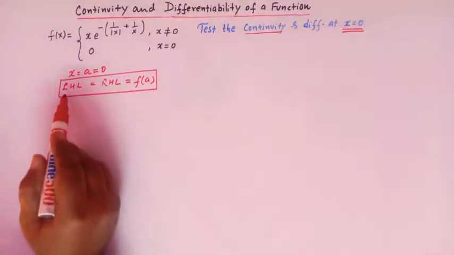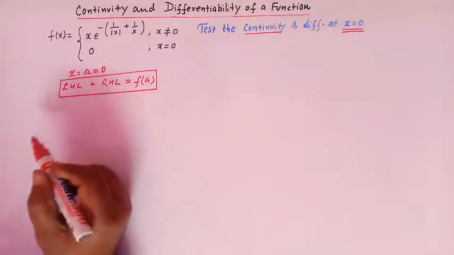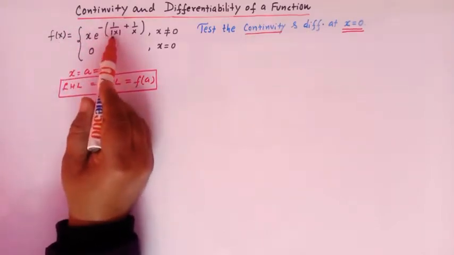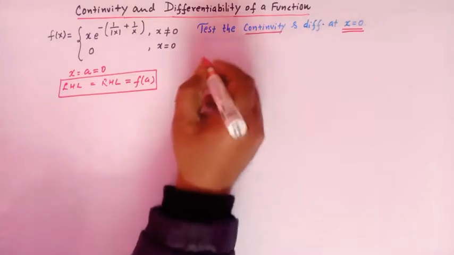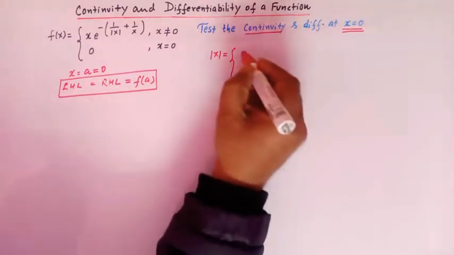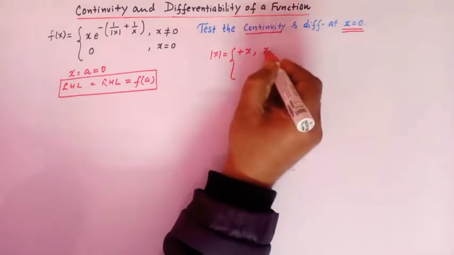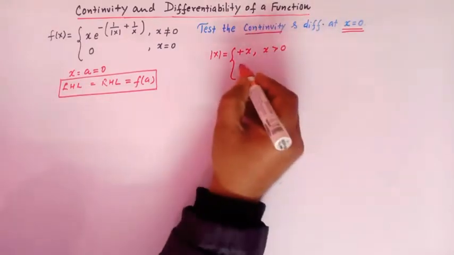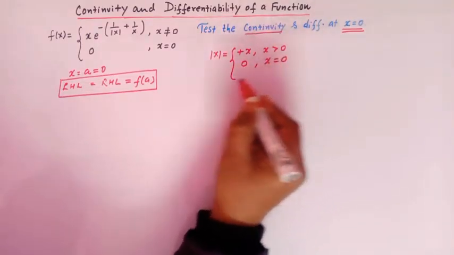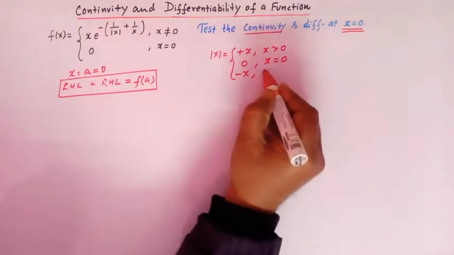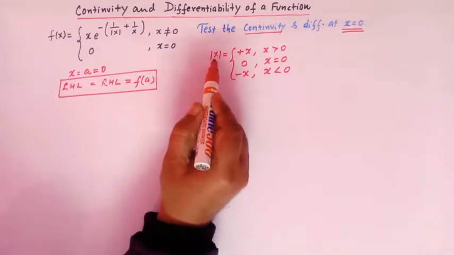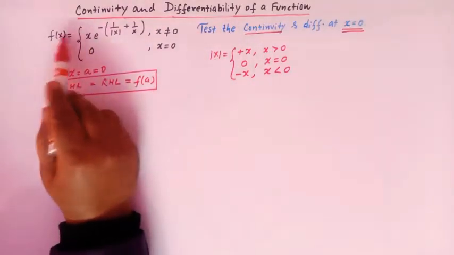Now, before finding out the left hand limit or the right hand limit, let us first redefine this function, because here we have the absolute value of x, and we know that absolute value of x is given by positive x whenever x is greater than 0, and absolute value of x is 0 whenever x is equal to 0, and this is equal to minus x whenever x is less than 0, right? So now let us insert this definition in the given function.